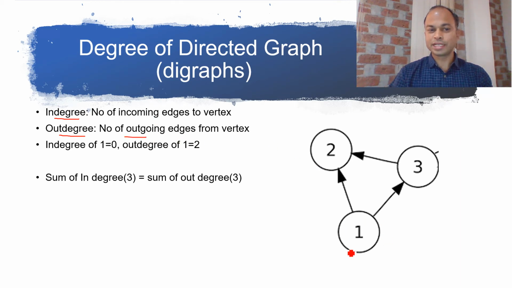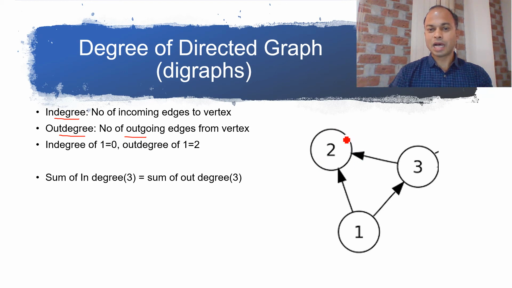Say we have vertex 1, then vertex 1 has one outgoing edge, second outgoing edge. Therefore, the out degree of vertex 1 is 2 and the in degree of vertex 1 is 0 because there are no incoming edges on vertex 1. Similarly, we may compute the out degree of the remaining vertices.